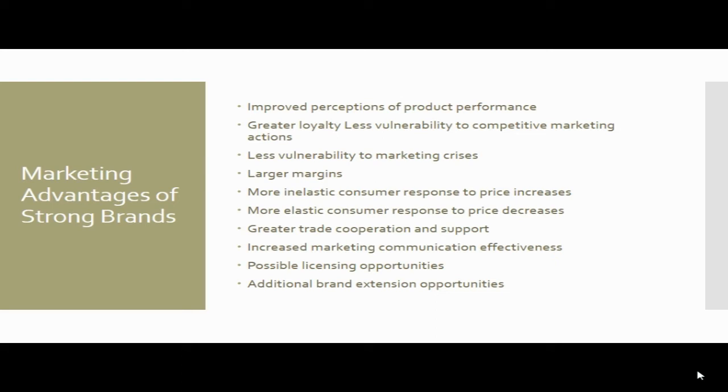Now, let's look at the marketing advantages for a strong brand.